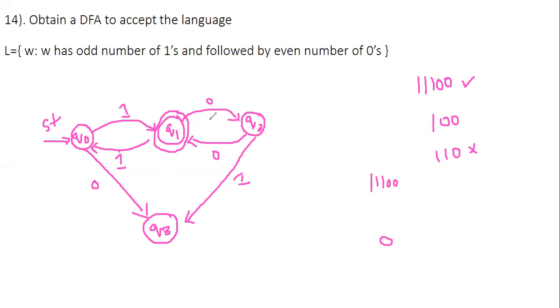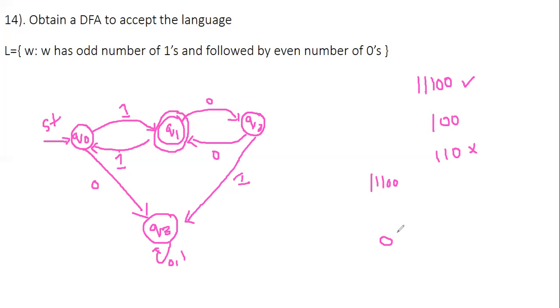Odd number of ones followed by even number of zeros. We'll see if it is beginning with 0. So for the trap state, let me write it as 0, 1. Once it enters the trap state, if it has any number of 0 and 1, it will remain in the trap state itself.